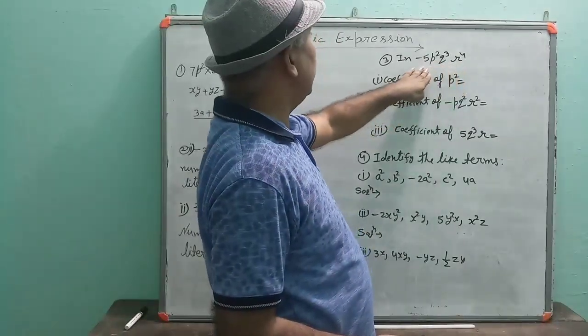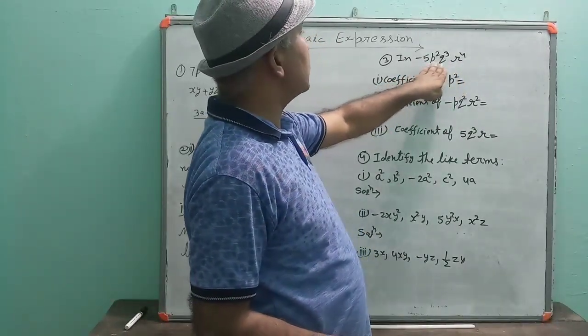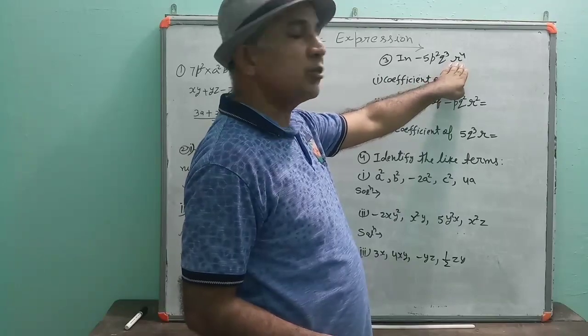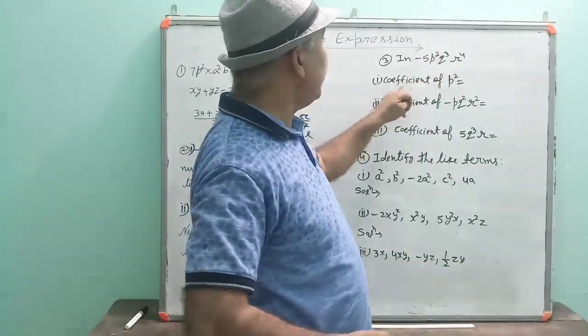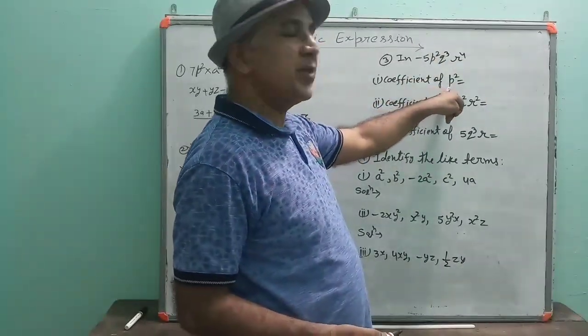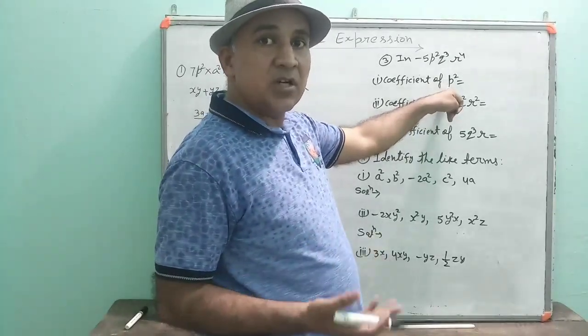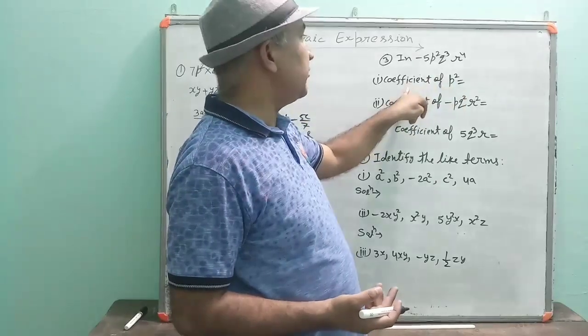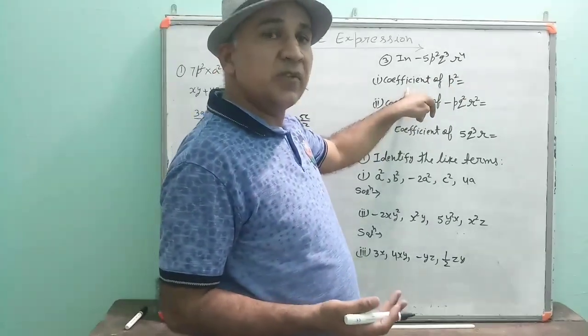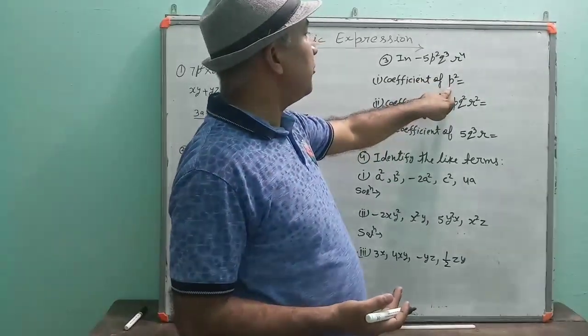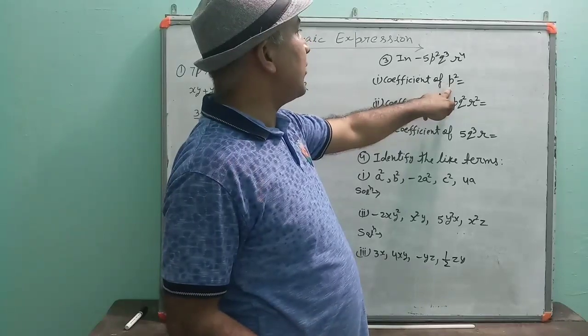Now see the third question. In this polynomial minus 5p square q cube r to the power 4, we have to find the coefficient of p square. Coefficient means the multiplied numbers with sign. So what are the numbers which are multiplied with p square?